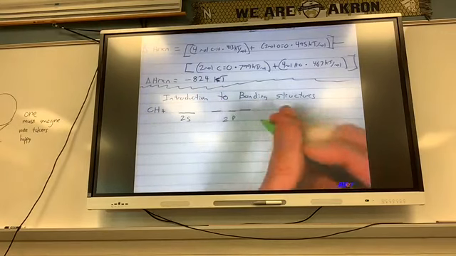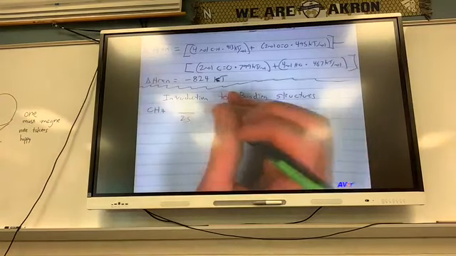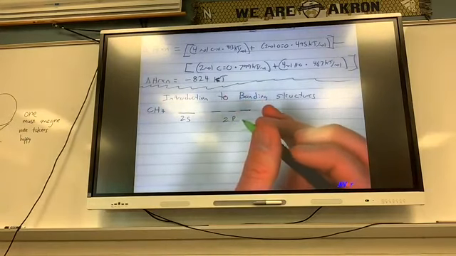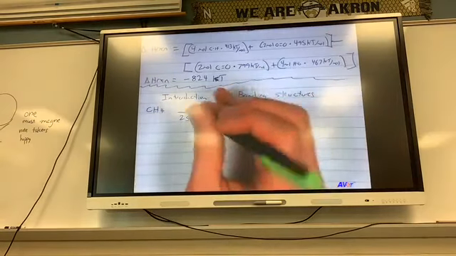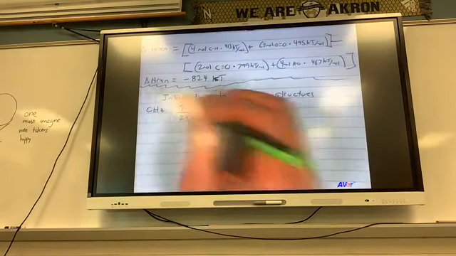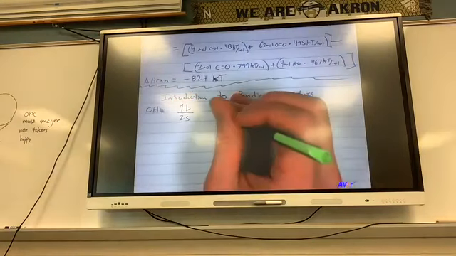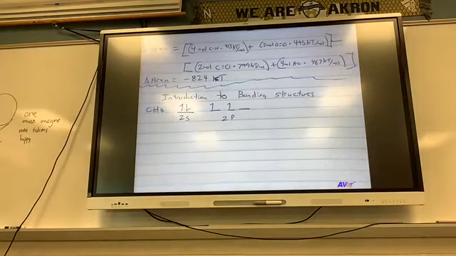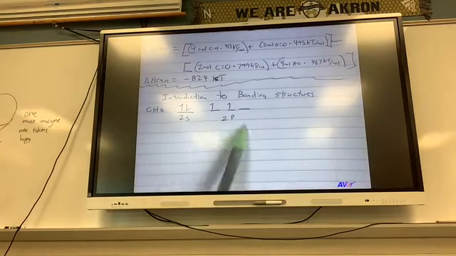Here are my 2p for carbon, because carbon is the one that is bonding. Carbon is what the hydrogens want to bond to. So for carbon, I fill both. I have my 2s filled, and I have a 2p and a 2p. This is what my outermost electrons of carbon look like.